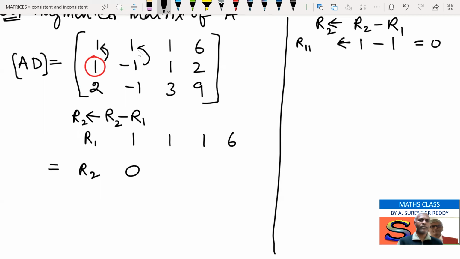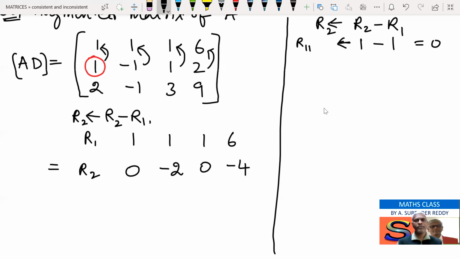And minus 1 minus 1 is minus 2. Again 1 minus 1, 0. 2 minus 6, minus 4. So applying R2 minus R1 for all the elements of the second row, we get 0, minus 2, 0, minus 4.